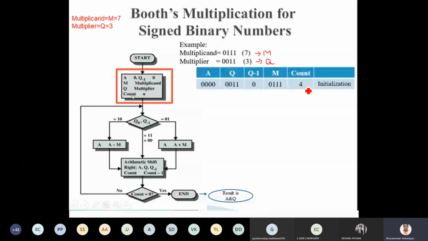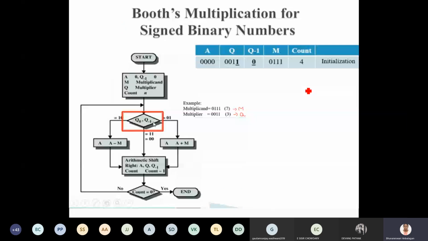Now next, the control will go to check whether Q0, Q minus 1. What is Q0 actually? This is the Q register, which has its bits as Q0, Q1, Q2 and Q3. This is the Q0 value.